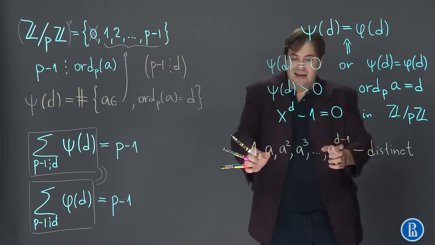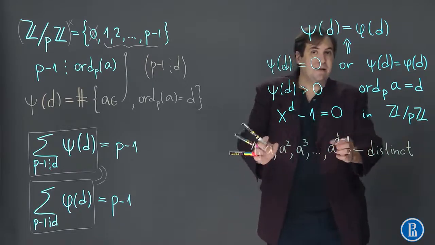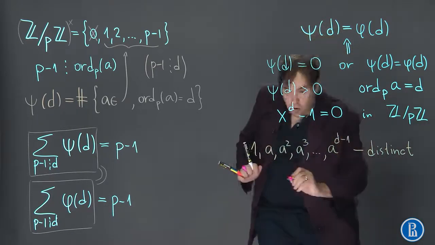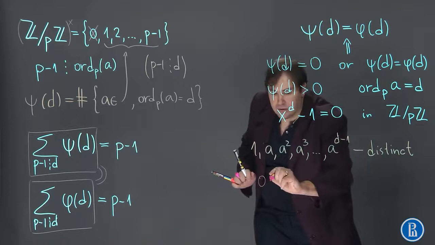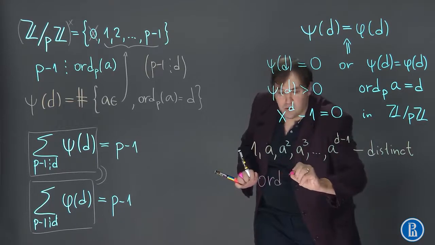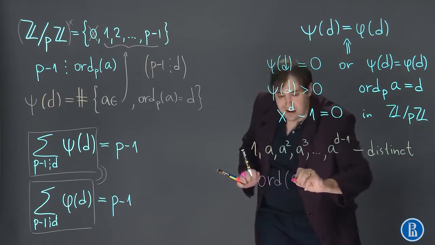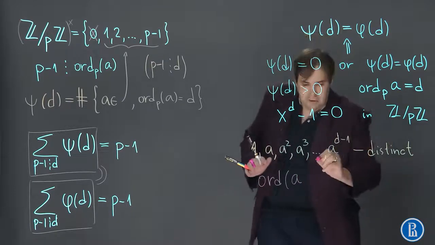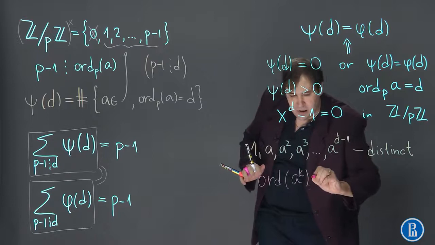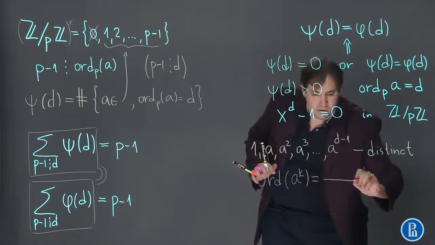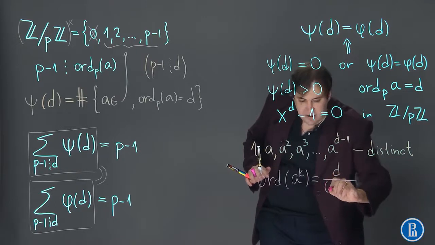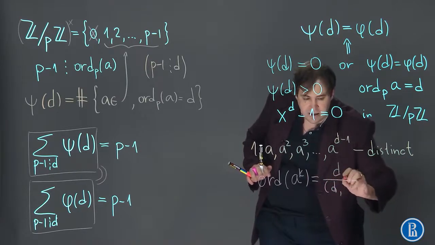Are there any elements among these with order d? Well, let's recall that the order of an element of the form a to the power k is equal to d over the greatest common divisor of d and k.